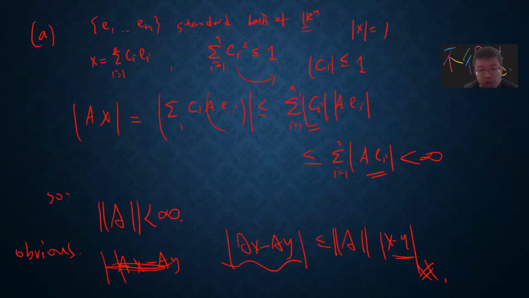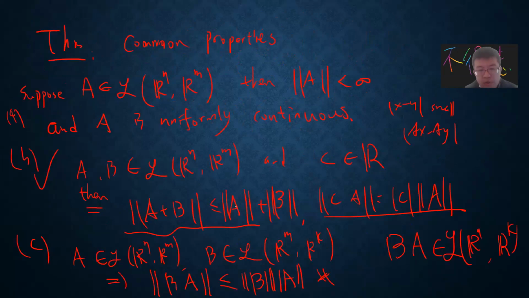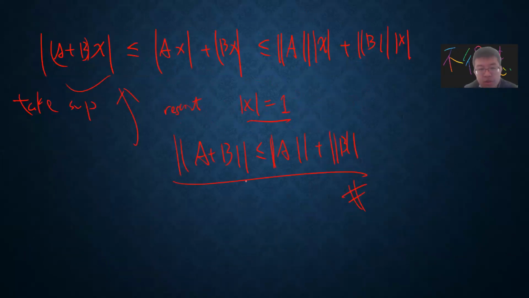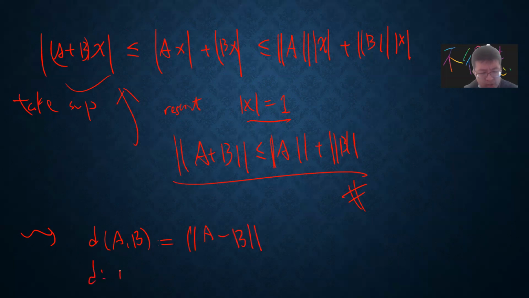And from this you can easily show that if I define a distance between two linear transformations A and B to be the norm of A minus B, then d makes L(Rn, Rm) a metric space.